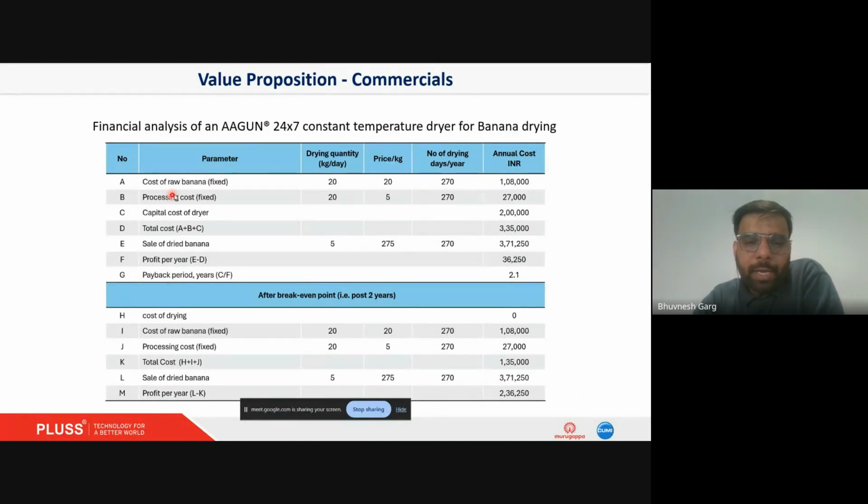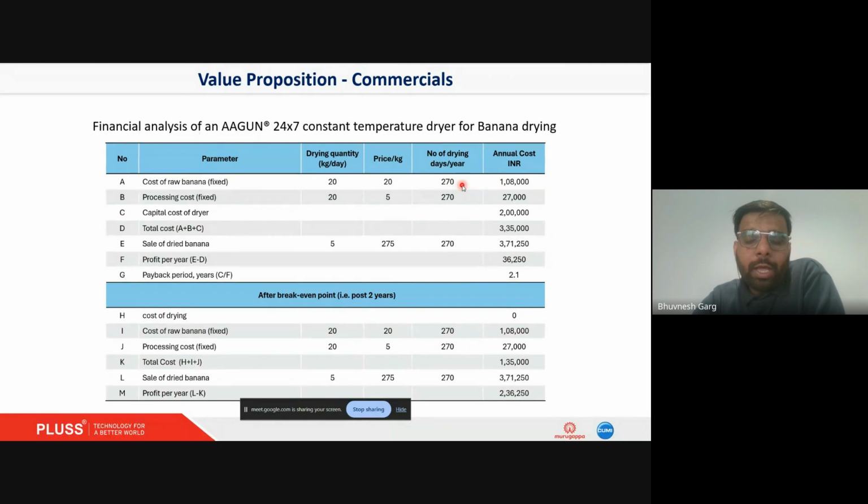So if you see, we have done some analysis. The loading capacity of this dryer is around 20 kg, and you're loading 20 kg of produce in the dryer, which is costing around 20 rupees per kg. The banana is costing you 20 rupees per kg.